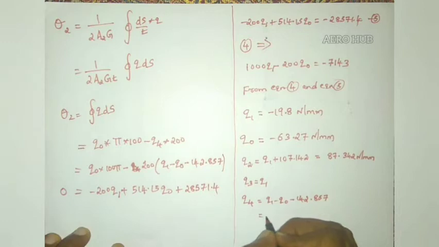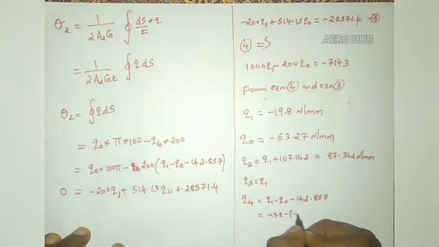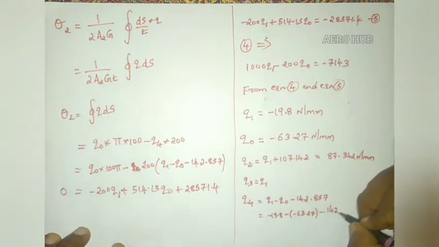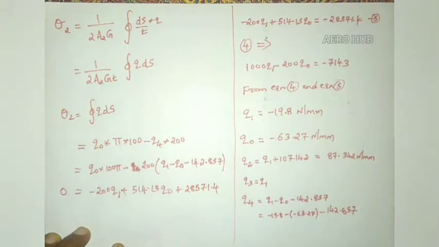Okay, so let's substitute the value of Q1 and Q naught. Q1 is minus 19.8 and minus Q naught, minus 63.27, minus 142.857. Okay, so I'll be getting the answer as minus 99.3. This is the value of Q4 Newton per millimeter.